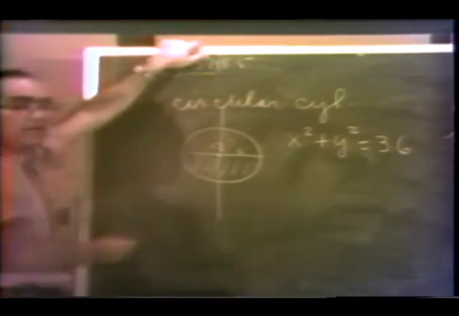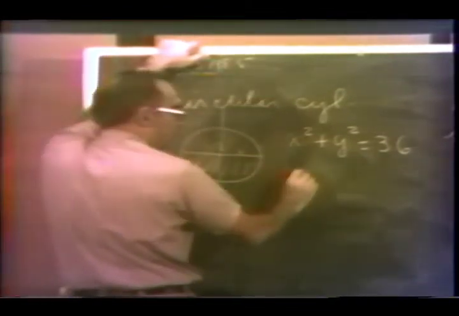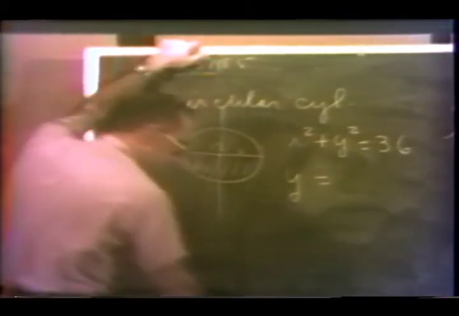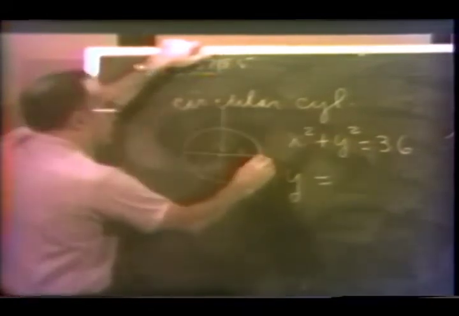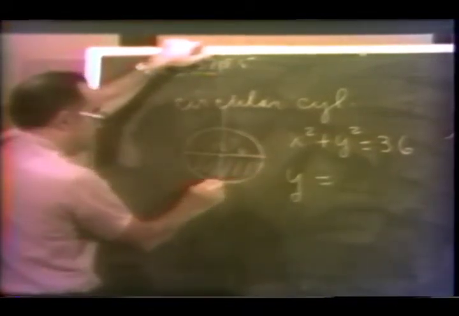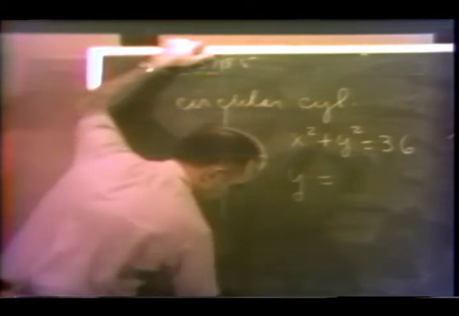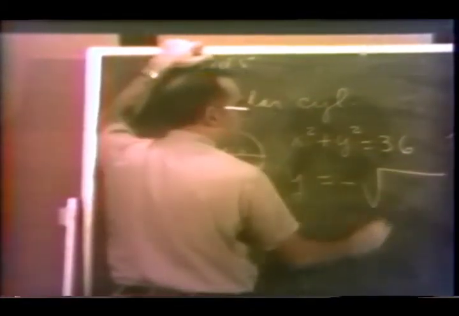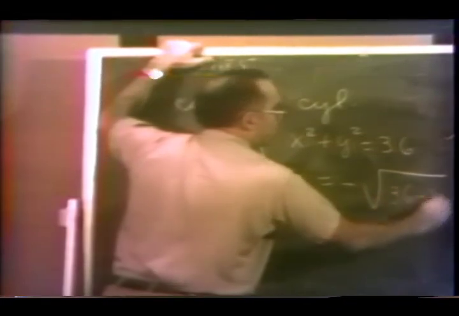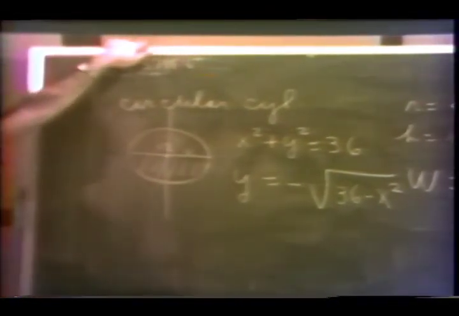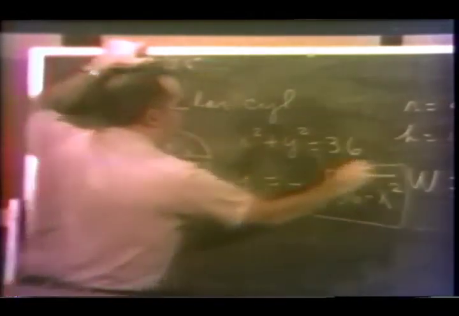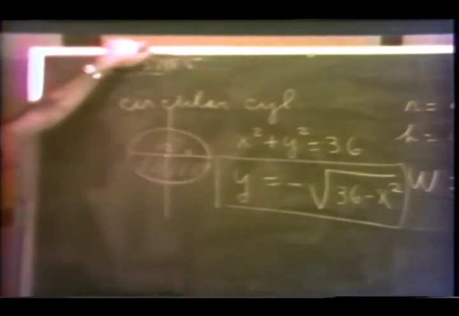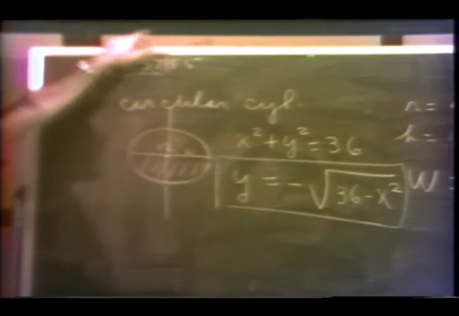If you're looking at the bottom half of that, the function is y equal to the negative square root of 36 minus x squared. Here's where most of you couldn't get started. We'll see if you can get it now by Thursday. I haven't missed anything. We'll see you Thursday.